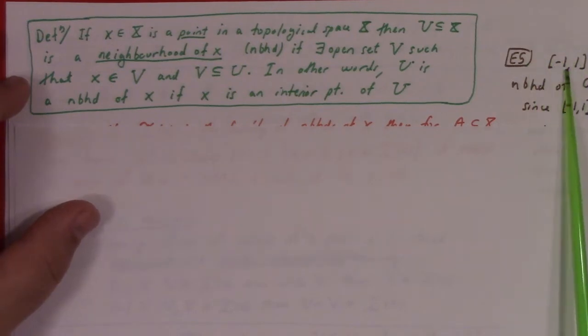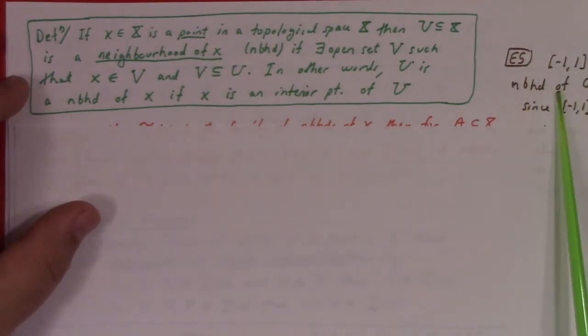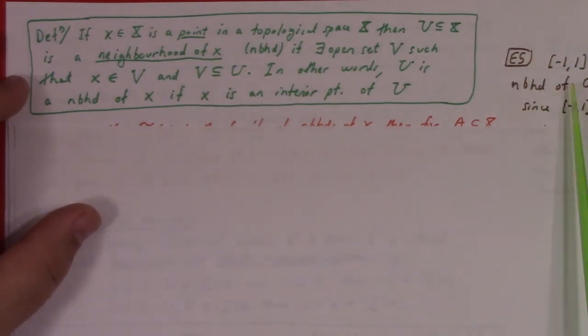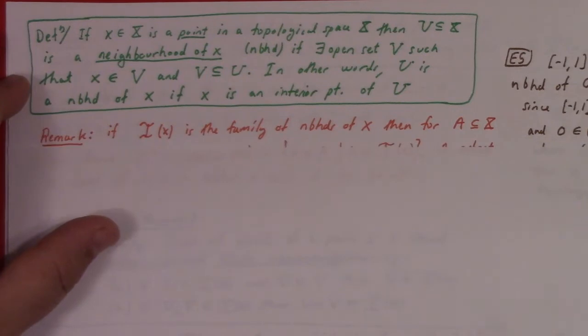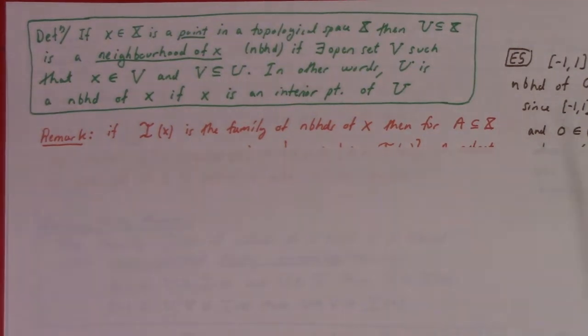So here's an example. Minus 1 to 1 is a neighborhood of 0. Why? Well, here's my proof. Because minus 1 to 1 is a subset of minus 2 to 2, and that is an open set. Just a second here, watch me mess it up.